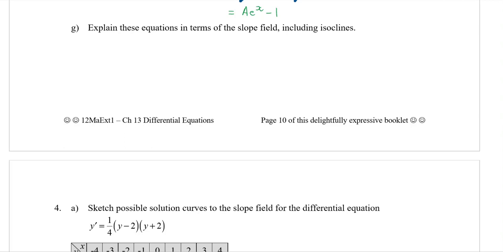Now, this is all dependent on the different values of a, right? That tells you what different type of curve we're going to have. If a was equal to 0, this is our first type.